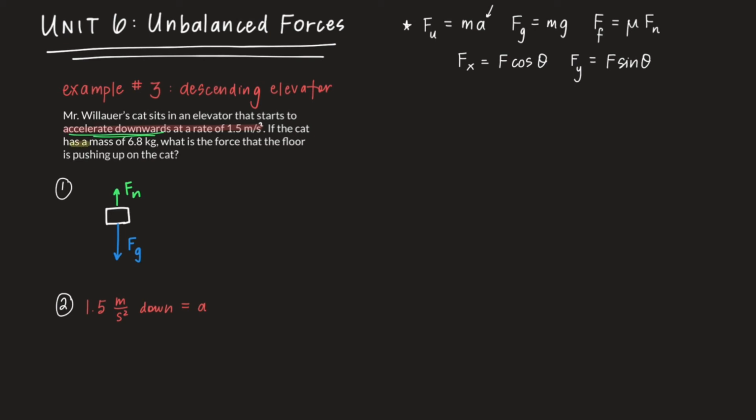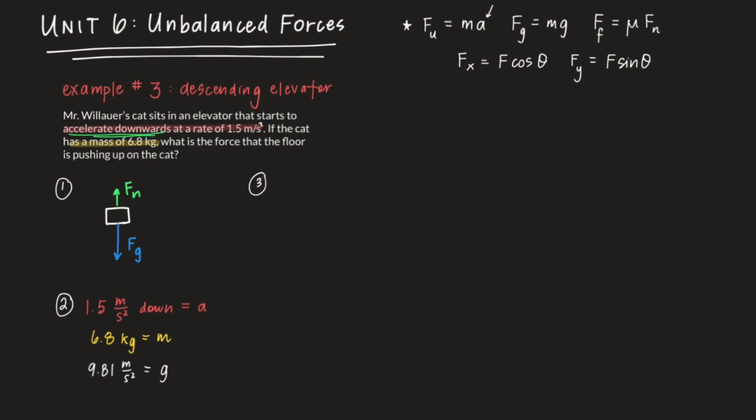So the mass is told right there. Mass is 6.8 kilograms, so we're going to write that down. 6.8 kg is equal to m. As always, we know that our acceleration due to gravity is 9.81 meters per second squared. That's equal to little g. We probably will need that. We will need that for sure.